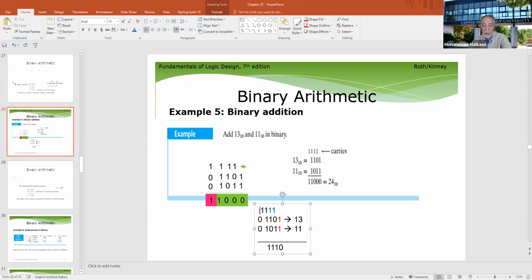But this carry now is insignificant. And I am done. Now 1 plus 0 plus 0 down here, it's a 1.